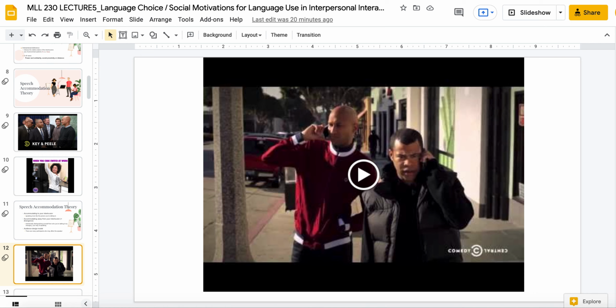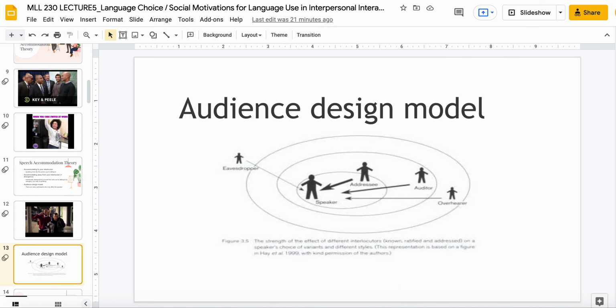So they're not even talking to the person, but just whoever is around you at that moment can influence how you speak. It could be your addressee, it could be the auditor, it could be an overhearer, it could be an eavesdropper, right? So all of these different people can influence your choice of variants and styles.